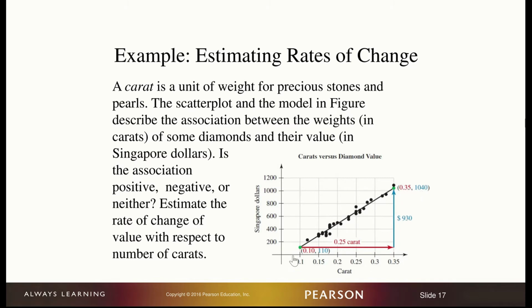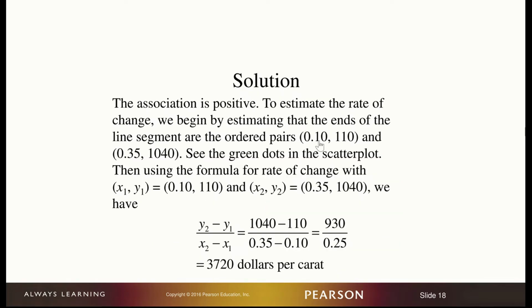So what we're going to do is use those 2 points and come up with the equation that we need. So here are the 2 points again. Basically all you have to do is call one of the ordered pairs x1, y1, and call this one x2, y2, as we show here.